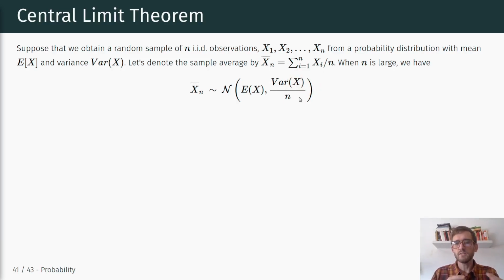Okay, so in other words, the central limit theorem tells us that the distribution of a sample mean x bar, even if x is not normally distributed itself, and that's one of the key points, regardless of the underlying distribution of x, will approximate a normal distribution.